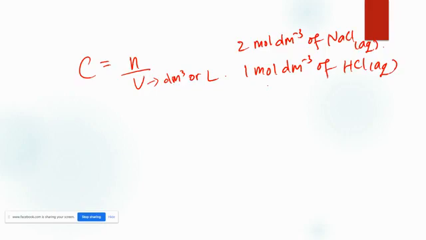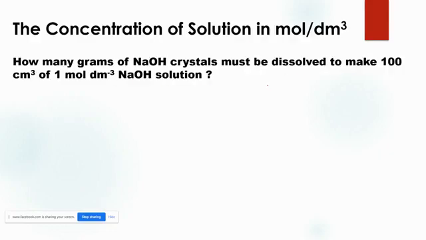Let me give you an example of calculation about concentration of solution in mole per cubic decimeter. How many grams of sodium hydroxide crystals must be dissolved to make 100 cubic centimeters of 1 mole per cubic decimeter sodium hydroxide solution?